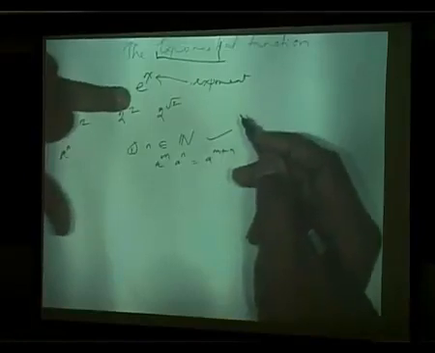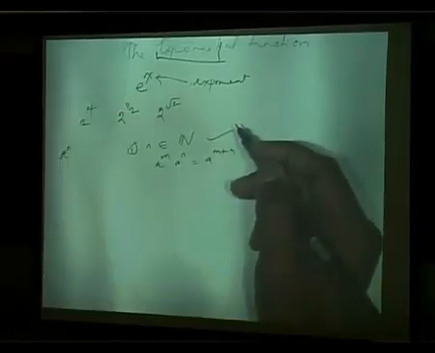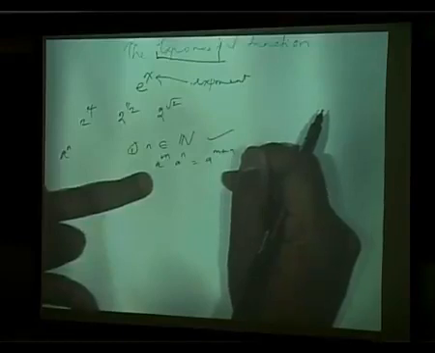So we take this as the guiding rule: whatever this function a power x is, as a function of x, we would like it to satisfy this simple natural property that it holds for when x is a natural number.